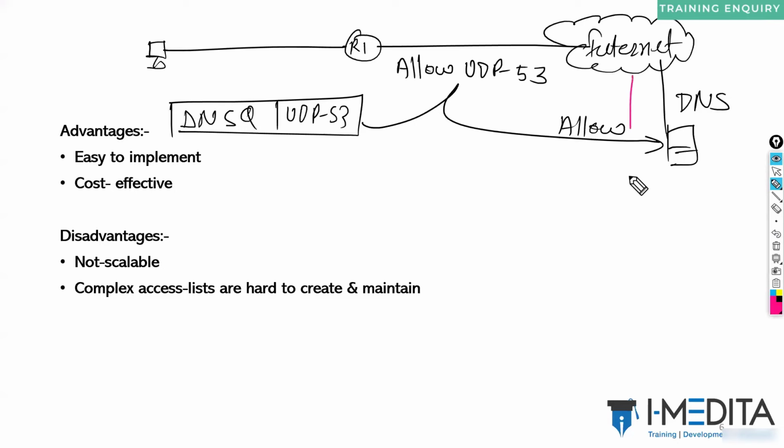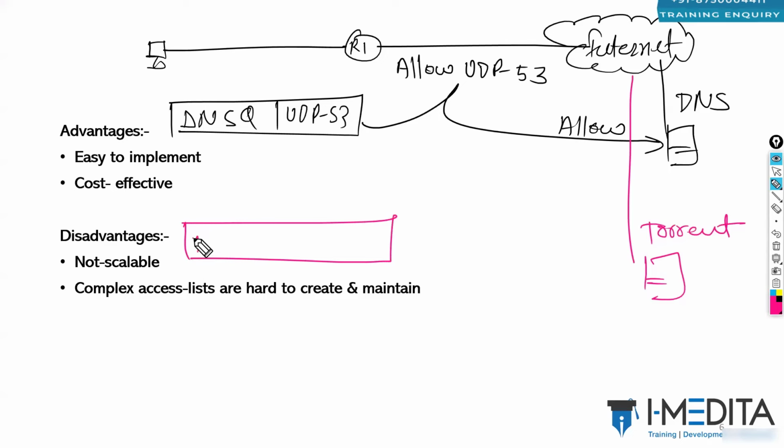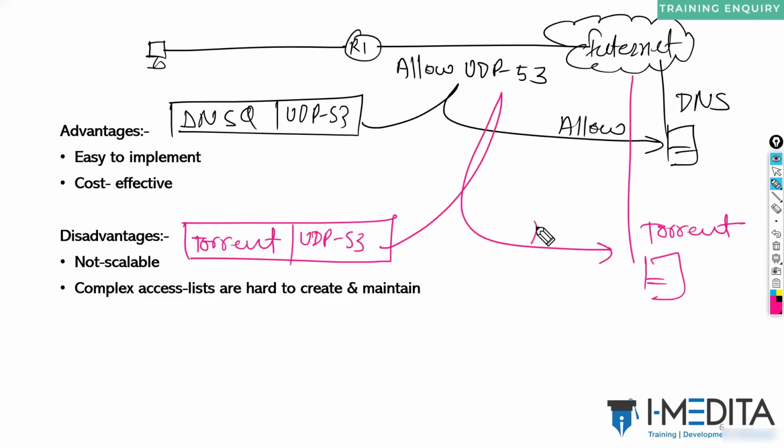But assume on the internet we have a torrent server. Now what will the client do? The client will create a torrent payload that will be encapsulated under UDP 53. According to the rule, torrent is also allowed. So when we are using packet filtering, we allow the ports.